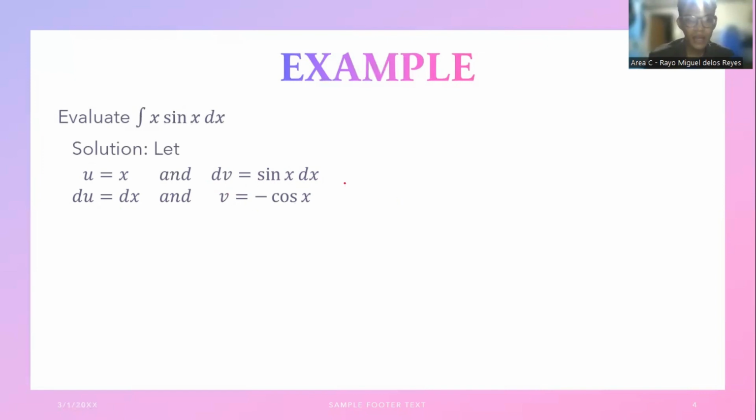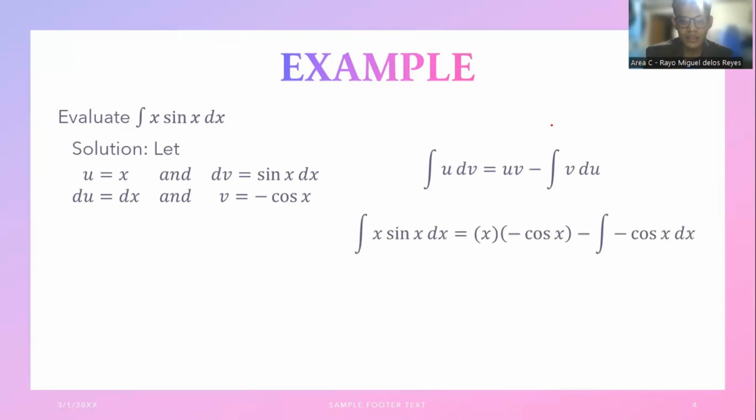And then, dahil nakuha na natin yung apat na yan, proceed na tayo dun sa formula ng integration by parts. And so, the integral of u dv equals uv minus the integral of v du. Then, substitute natin, we have the integral of x sine x dx equals x times negative cosine x minus the integral of negative cosine x.